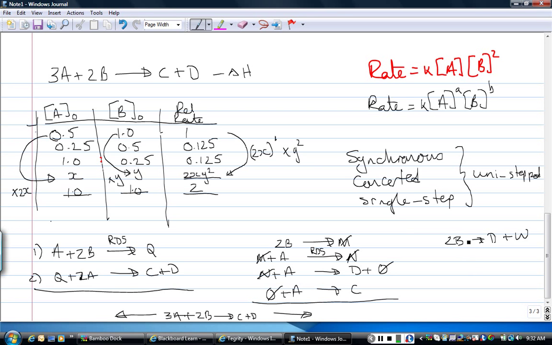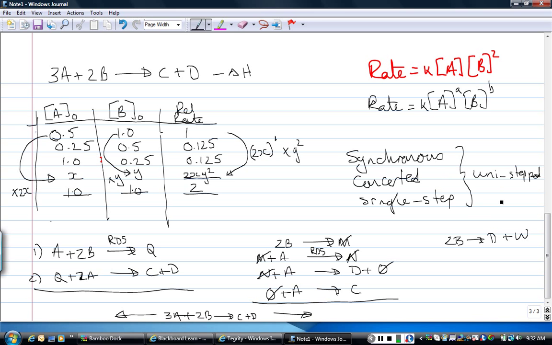Because if 2 B's give rise to D, then this cannot be right. This equation can't be right, because it suggests that for D to form, both B and A must be involved. It doesn't have to be both 2 B's and all 3 A's that are involved for C or D to form. But the point is that neither C nor D can appear unless A and B, however many of them, have entered the fray.